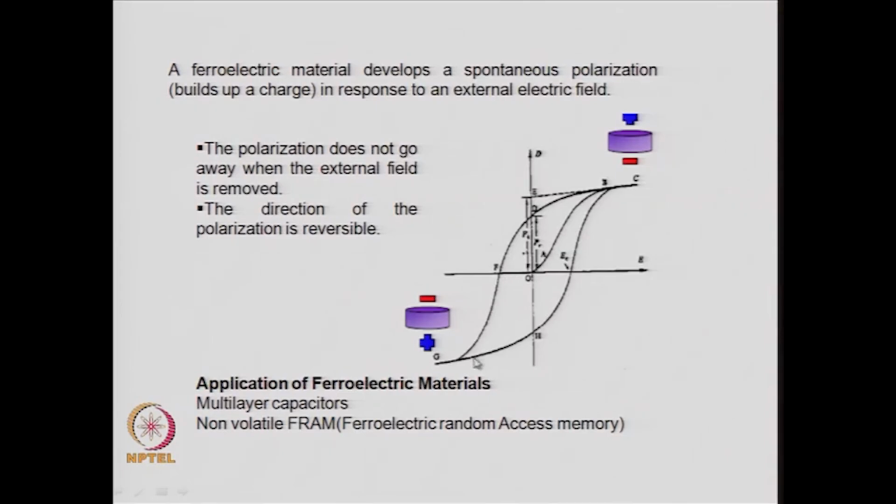So, in this kind of hysteresis loop, you start from 0, you come here and you get what is called the saturation polarization, then as you go down you get the remanent polarization, and then to bring it to 0 you have to apply a field in the other direction, and then this cycle continues. This is called the hysteresis loop for a ferroelectric.